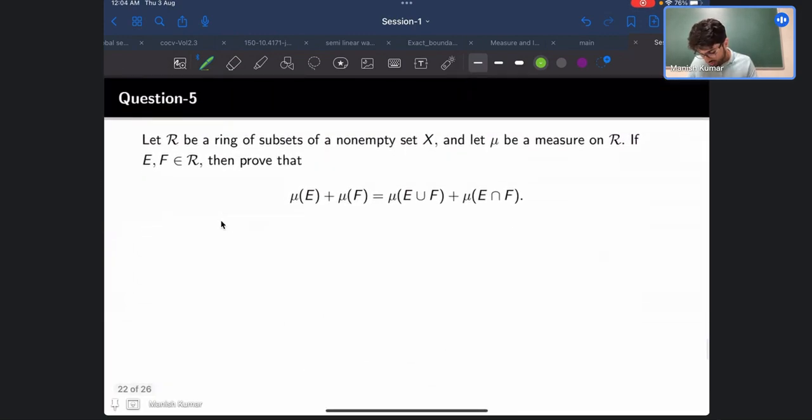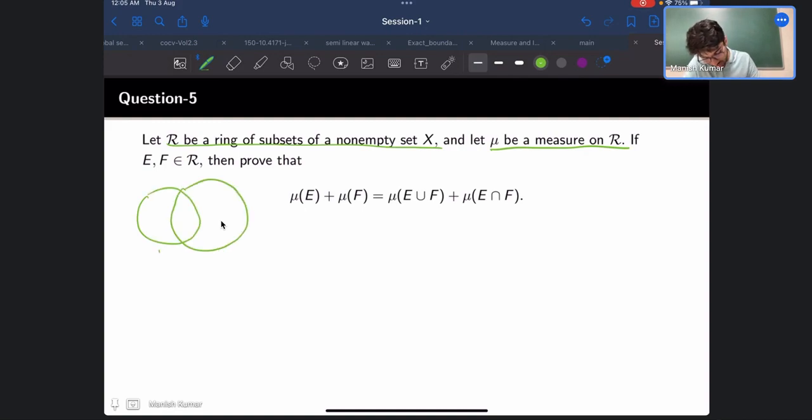Let us first try to understand what this is saying. You have been given a ring, again a similar thing, on a non-empty set X, and mu is a measure on R. Now you have been given that E and F belong to this ring. Let me make you understand pictorially.